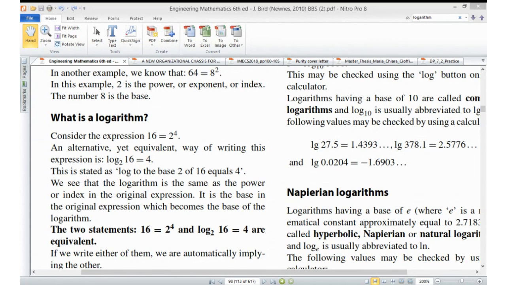So we say log 16 base 2 is equal to 4. And this is how it's read: log to the base 2 of 16 equals 4.